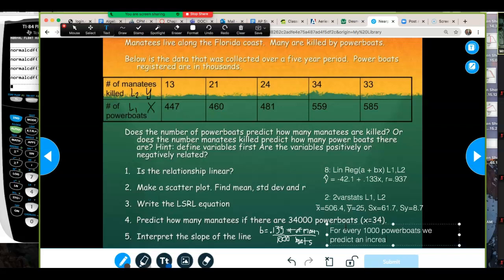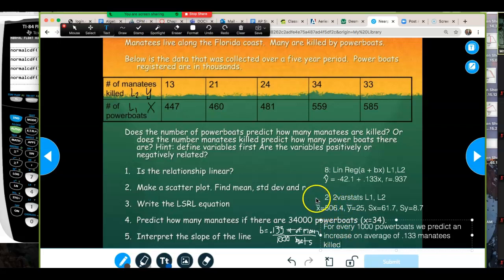An increase on average of 0.133 manatees killed. Alright. So that's interpreting the slope of the line. We'll get an opportunity to do that again a little bit later.